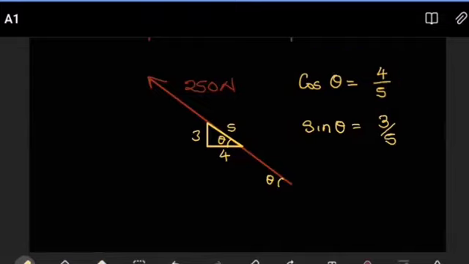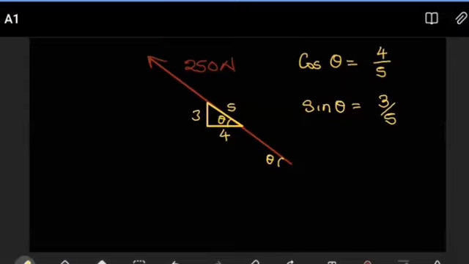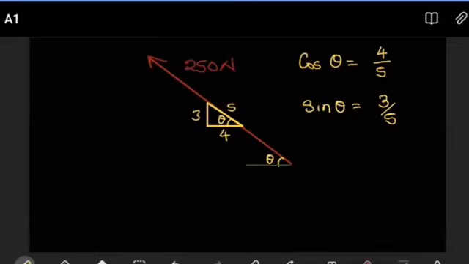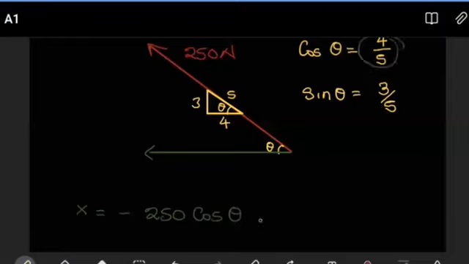Okay, so we have cos theta, we have sine theta. Now we can easily get the components of that 250. The horizontal component points to the left, so remember to give it a negative. So the x component will have a negative, and it should be the 250 itself, but it will be cos the angle theta. You know what cos theta is? It's 4 over 5.